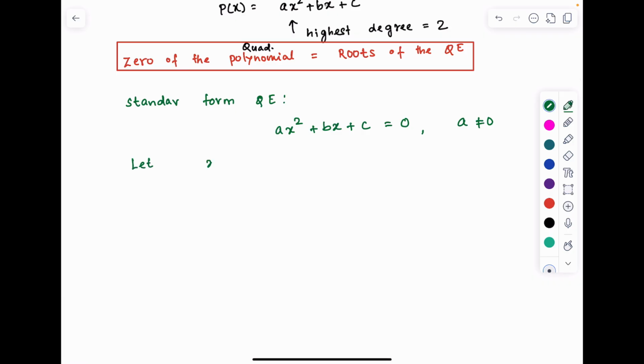And let x = alpha be a root of this quadratic equation.